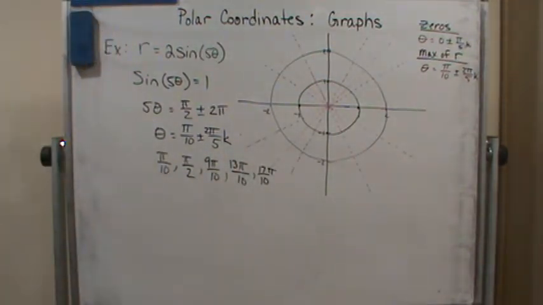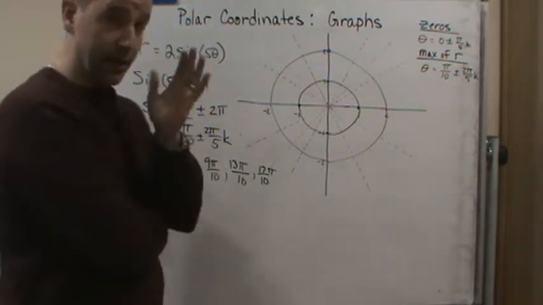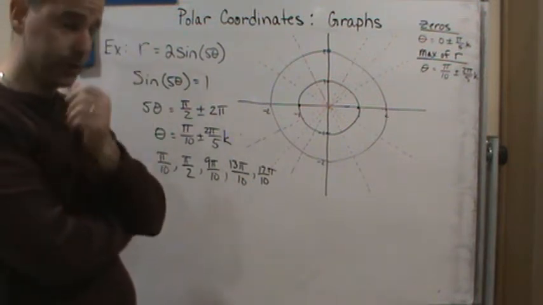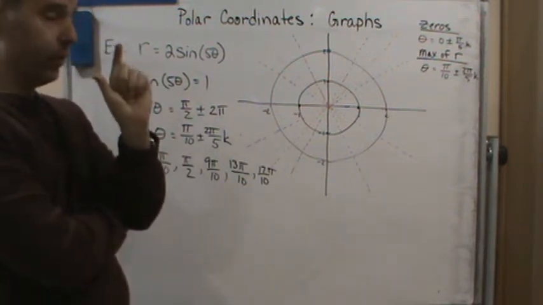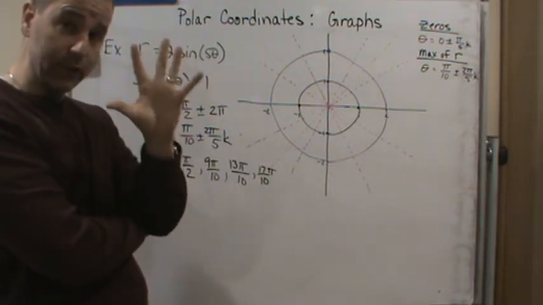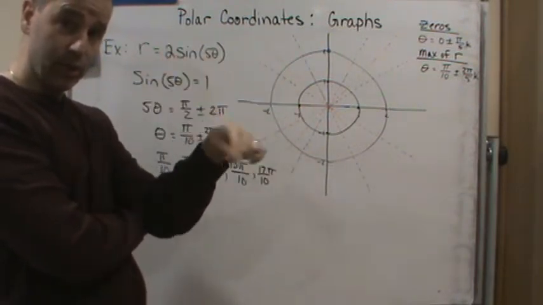Okay, now I'm going to stop and explain something else. Another thought process that I go through is, if I know I have 5 petals, then I know those 5 petals are going to be equally divided around the unit circle.